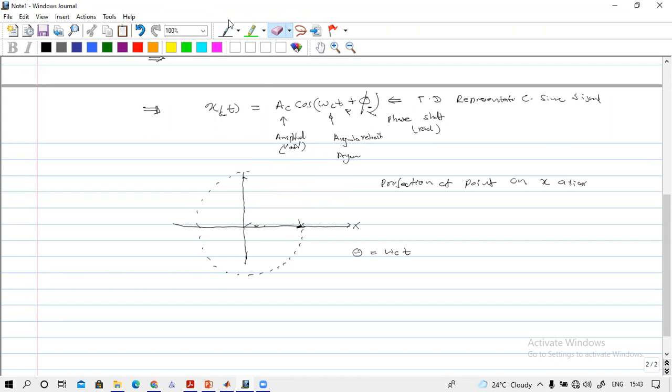the phasor diagram for this signal, it has an initial phase, say this is φ, so it has an initial phase like this.